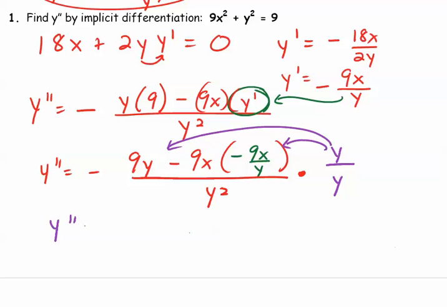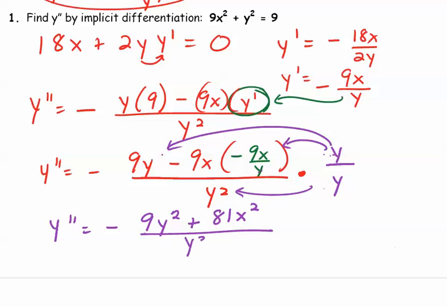So now let's clean this up and see what we've got here. And you can distribute this negative sign, or you can still keep it out in front. And notice that this is now going to be a y squared since we're multiplying by y. And here we've got negative times negative, so we've got positive. And this y cancels with this y, so we've got positive 81x squared. And now our denominator is, of course, y cubed.